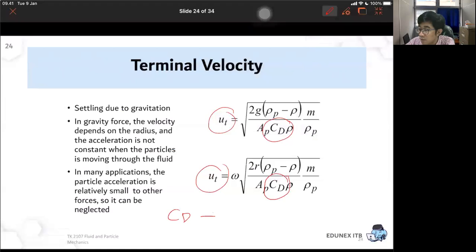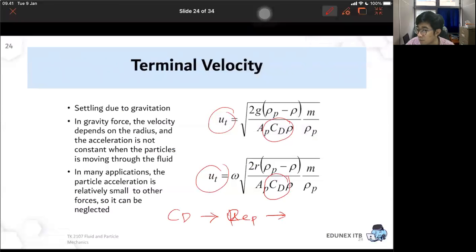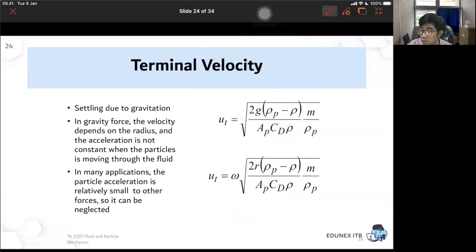CD will depend on velocity, right? Because CD depends on the Reynolds number of the particle, and the Reynolds number of the particle depends on the velocity. So actually, you cannot solve this equation straightforwardly. You need to do iteration, or trial and error.